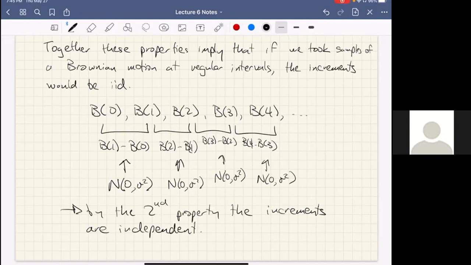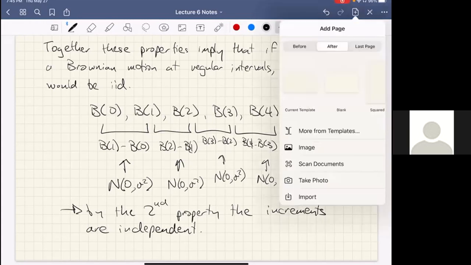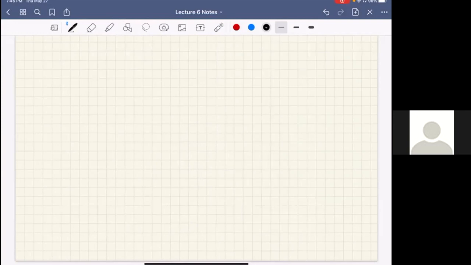So that leads to something interesting, which is what I'm going to call the Markov property of Brownian motion.